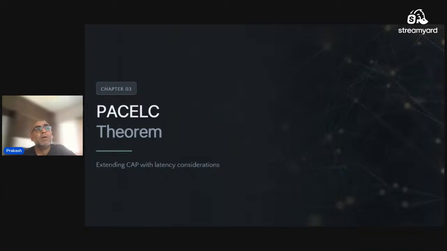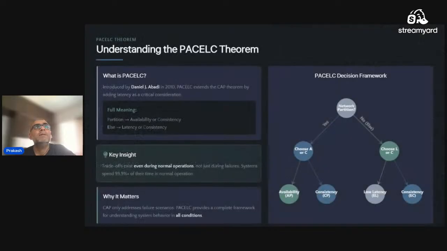Now let's talk about what the PACELC theorem is. Basically, they have extended CAP. The base is still CAP, but they have added a flavor of latency there. So let's understand what exactly they are saying. About a decade after CAP came, PACELC came, and basically they extended it.